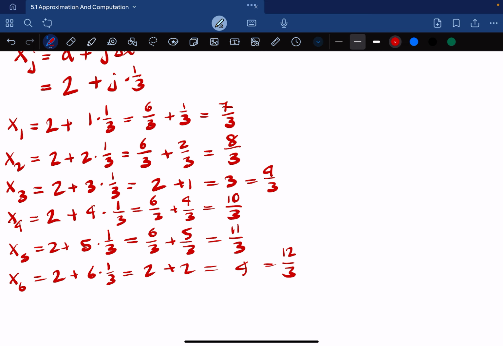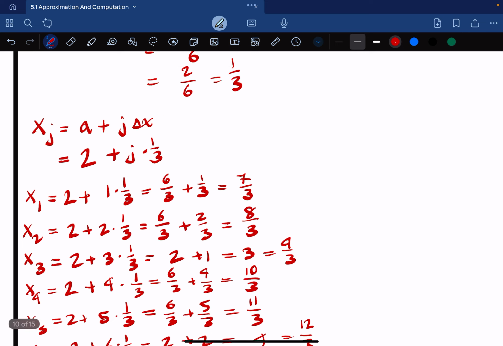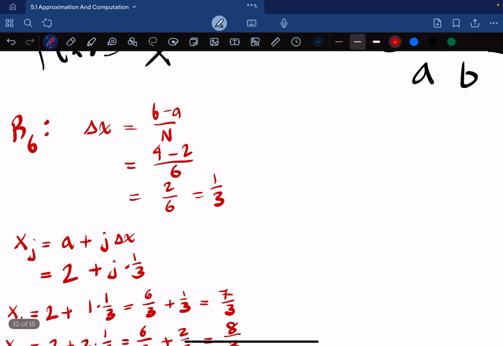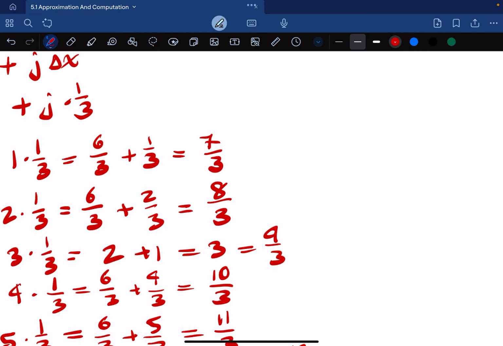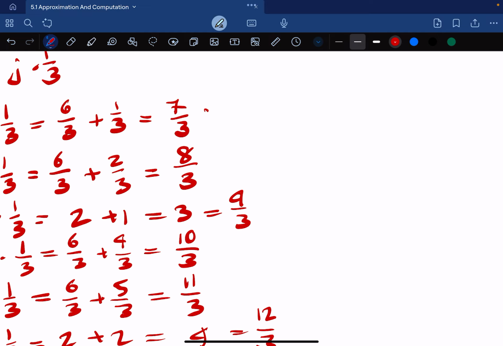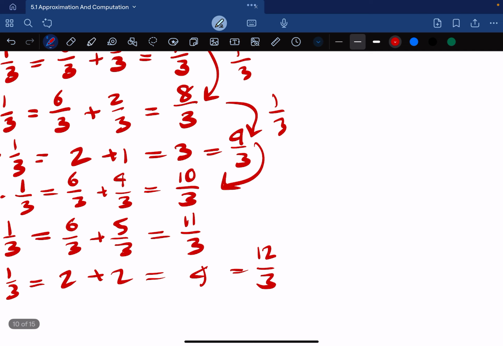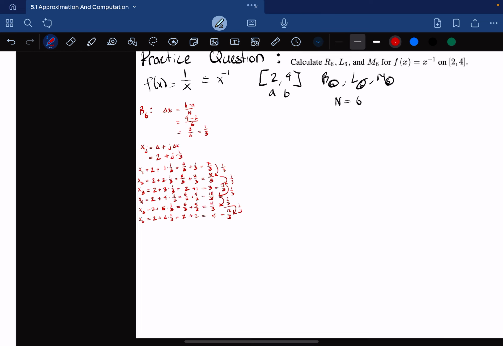Now, the way to check if we got our endpoints correct is simply by comparing them using delta x. Delta x is the distance between each of the x values of the endpoints, and it's the width of all of our rectangles. So a quick way to check is whether the difference between these is 1 over 3. And from what I can see, they definitely are.